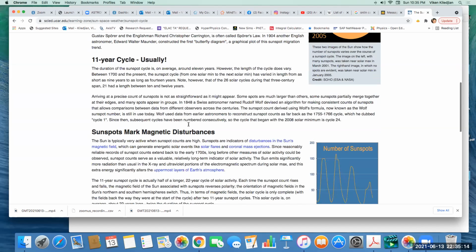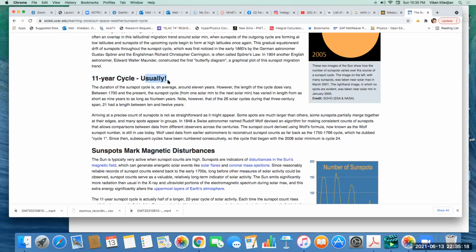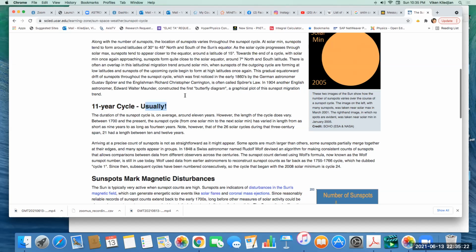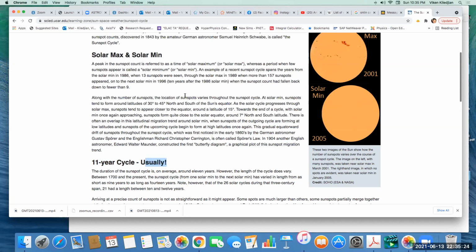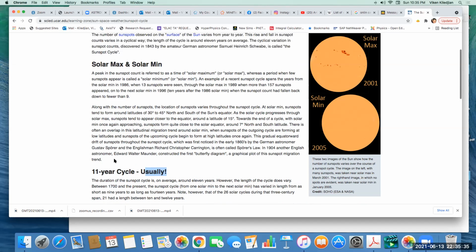The sunspot cycle is supposed to be an 11-year cycle, usually, you know, so it's not exactly 11, and it might vary slightly from century to century. So it's an 11-year cycle, they're saying. So let's just say that it is exactly 11 years. So what would be our error?